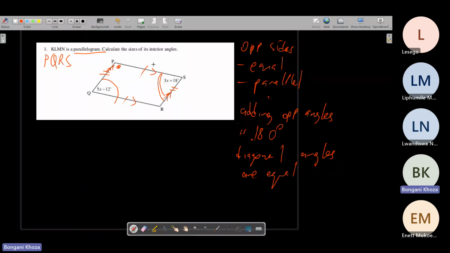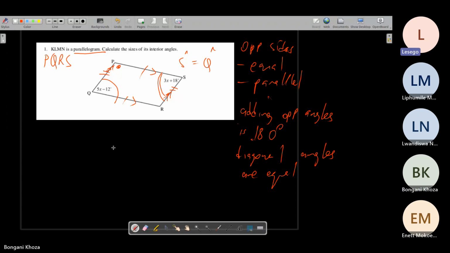So what we are trying to do here is calculate the size of its interior angles. They're asking us to solve for x, and then to say that angle S is this value, angle Q is this value. Are we still together? Yes. All right.